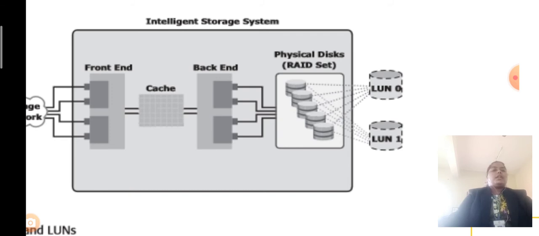Then what is the major advantage of our traditional storage provisioning? It is suitable for all the applications which require predictable performance, and it also provides full control for precise data placement.